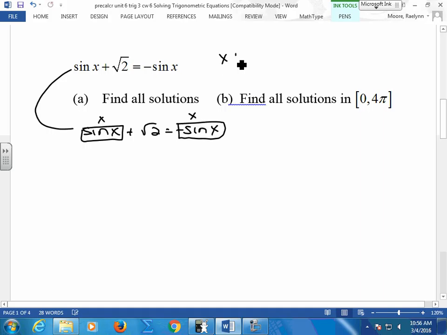It's going to say x plus radical 2 equals negative x. How would I solve that? Subtract x. I don't want to add x to both sides. You can, and then you can subtract your radical 2. But right now, I'm going to leave it like this.